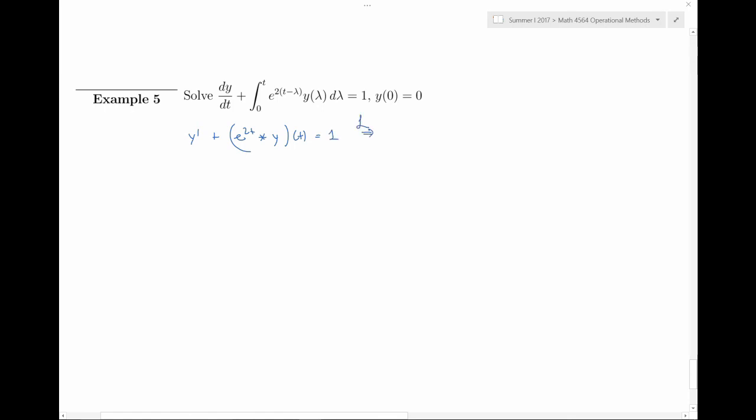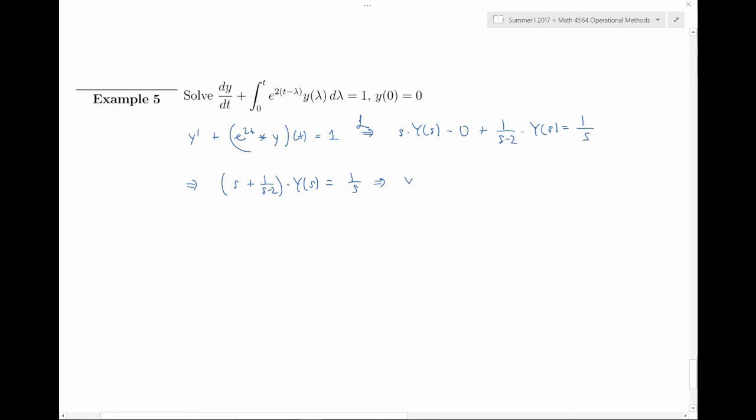After applying the Laplace transform, we get s times y of s minus 0, which is the initial condition for y, plus 1 over s minus 2 times y of s. And they should be equal to the Laplace transform of 1. Grouping the terms together, we get that s plus 1 over s minus 2 times y of s equals 1 over s.